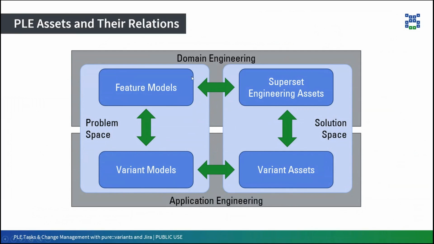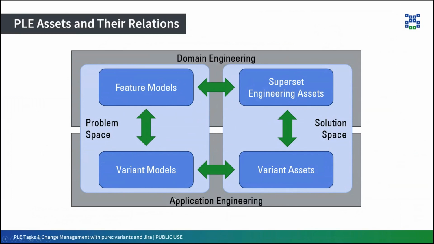In domain engineering, you identify features to create feature models, and then you create your superset engineering assets, like your superset requirements, source code, architecture models, and so on. Then you map these superset engineering assets to the features you earlier defined in the feature model, to express that certain assets are only needed for a variant if certain features are selected for this variant.